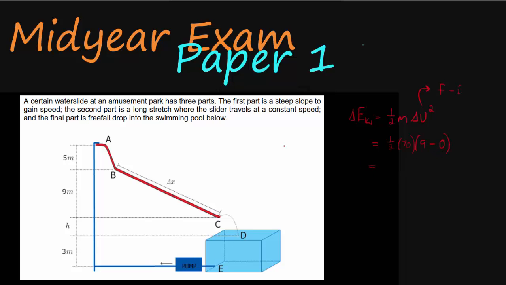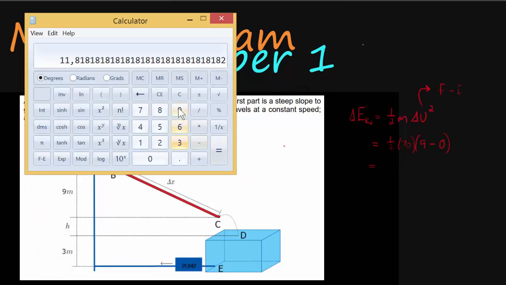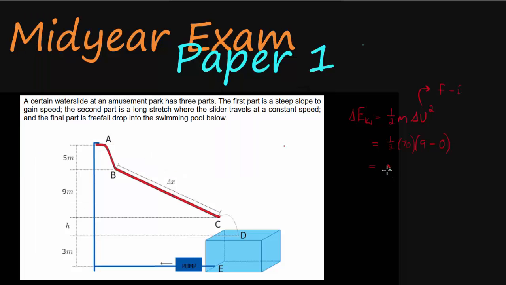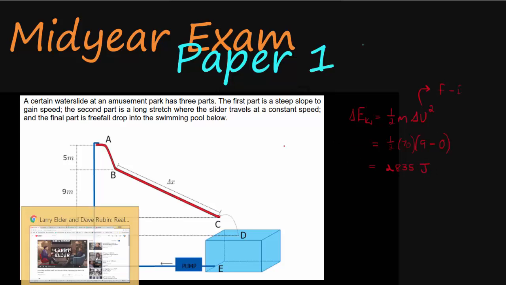And that equals 9 minus 0 squared, okay, 81, times 70 times 0.5. 2835 joules.